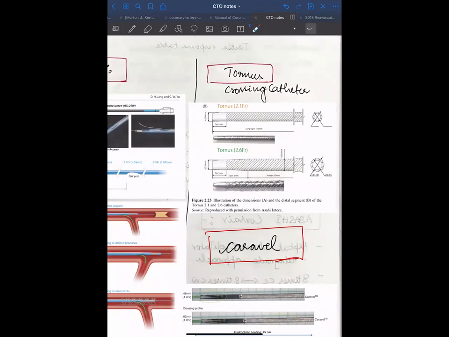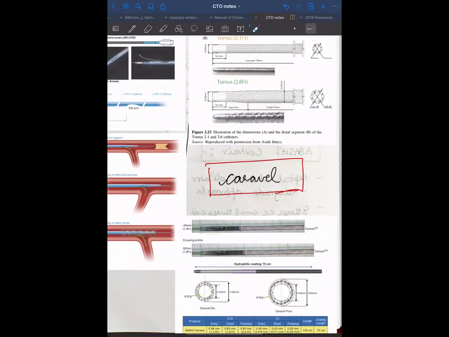Tornus is also again from Asahi. It is a stainless steel braid, and it has a very high crossing profile and a very high tensile strength. So in resistant lesions, they have used even Tornus, and it is specifically given the term crossing catheter.